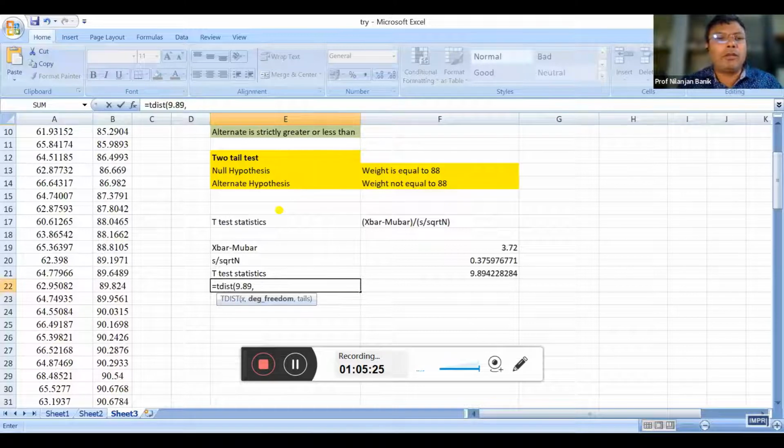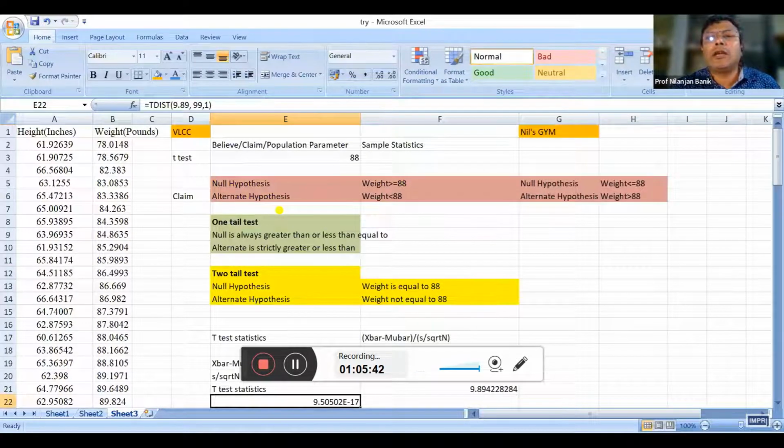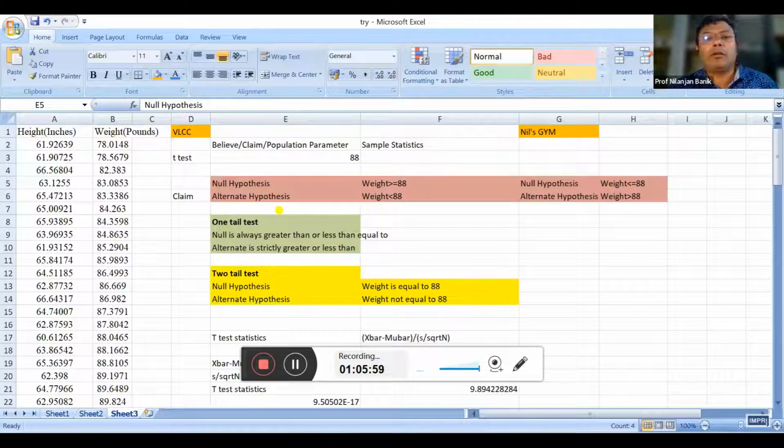Degree of freedom will be 100 minus 1, 99. I'm doing one tail test. It's highly significant. It's almost like there are 17 0s before 9. Okay, so basically I'm being jealous and my claim is not correct. What VLCC is claiming is totally correct. In fact, if you go and join their program, you will see that you actually lose weight.